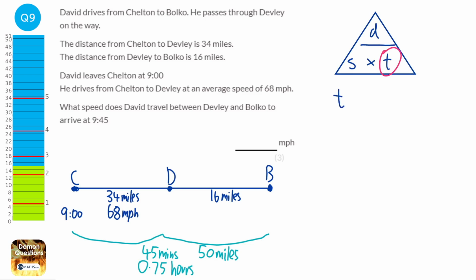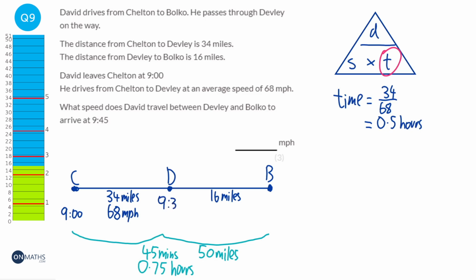So it's going to be time equals distance, which is 34, over speed, which is 68. So we're going to do 34 divided by 68, which is 0.5. So it would be 0.5 hours. So that would be half an hour. So we will be at Devley at 9:30.